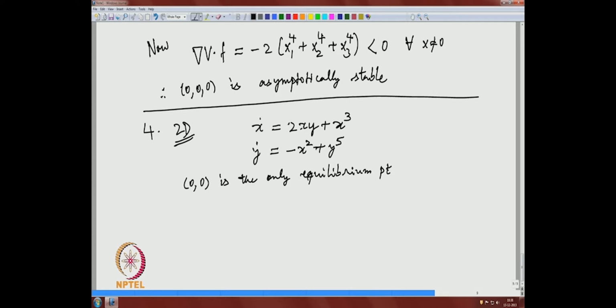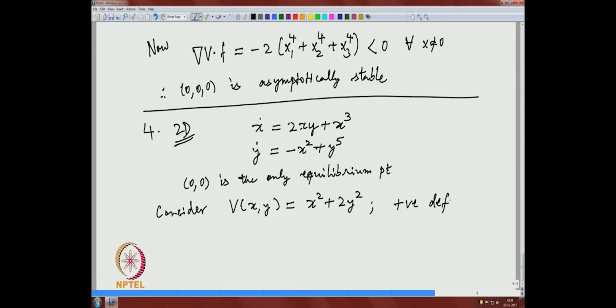Okay. And again for that, consider this positive definite function V(x, y). So, I am using the notation x, y instead of x1, x2. So, x square plus 2 y square. Okay. So, this is a positive definite function, there is no doubt about that, and you see why that 2 is chosen.